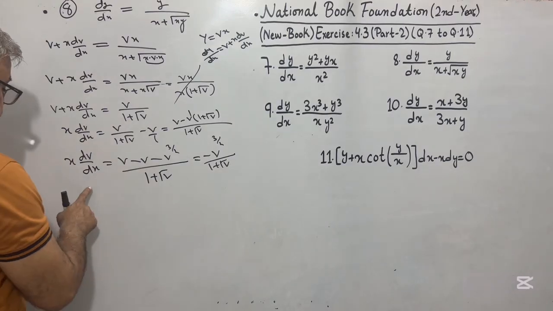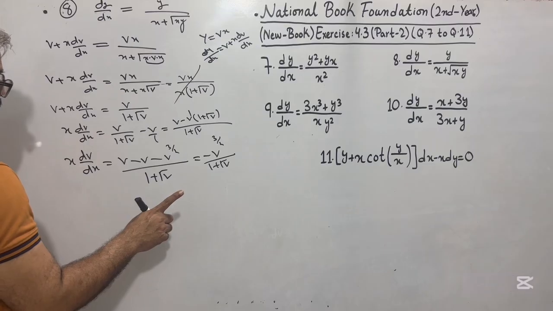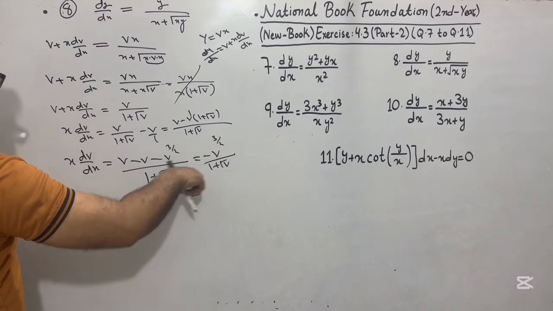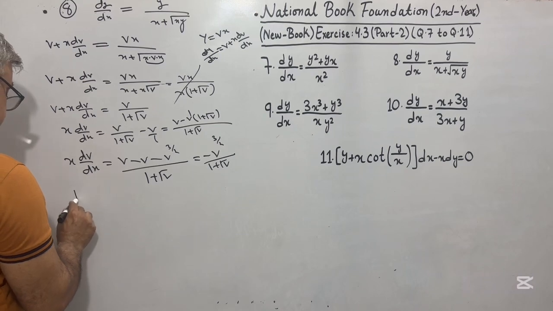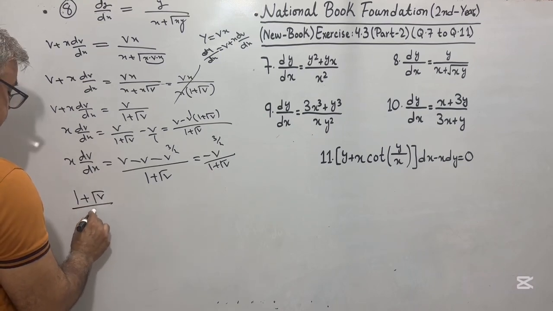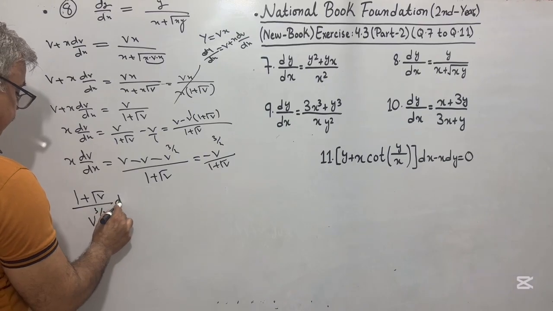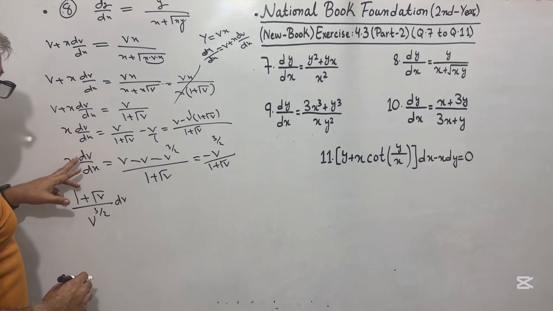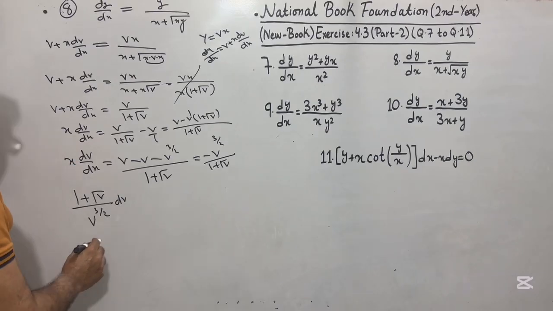It's a separable differential equation. Shift dx over x to the right and both of these terms towards dv. It will become 1 plus root v divided by v raised to 3 over 2 dv, with v terms towards dv, and we need neither dv nor dx in the denominator.